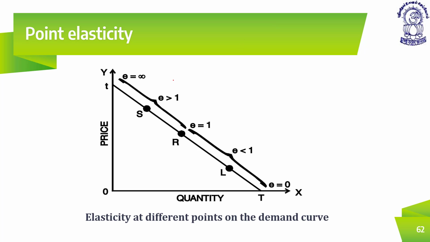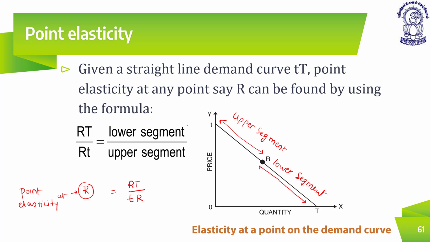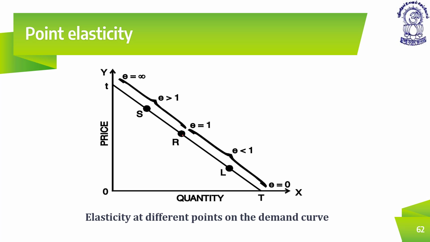Okay. See it over here. At point R, how we'll calculate lower segment upon upper segment? At point R, it is RT, this is lower segment, and upper segment is TR. At point S, lower segment ST, upper segment TS.